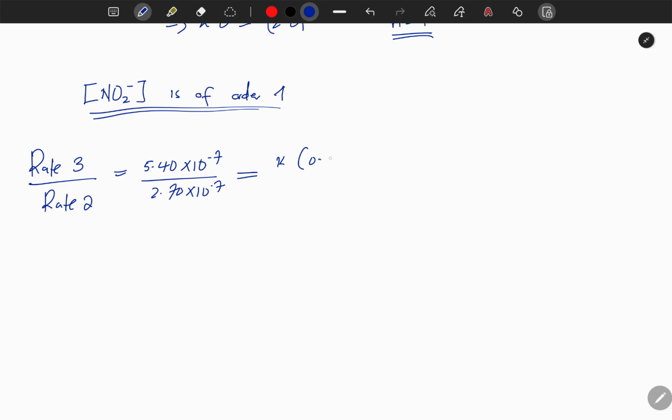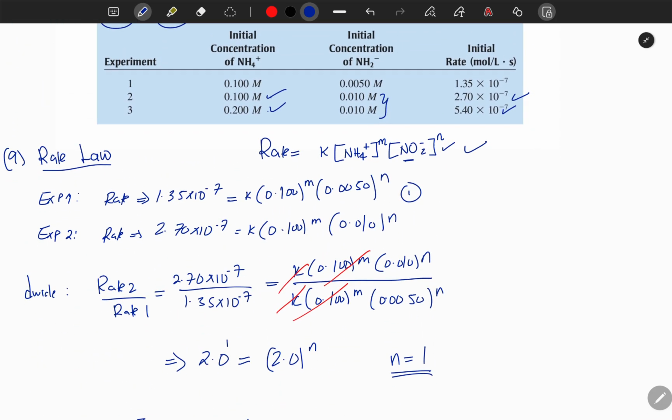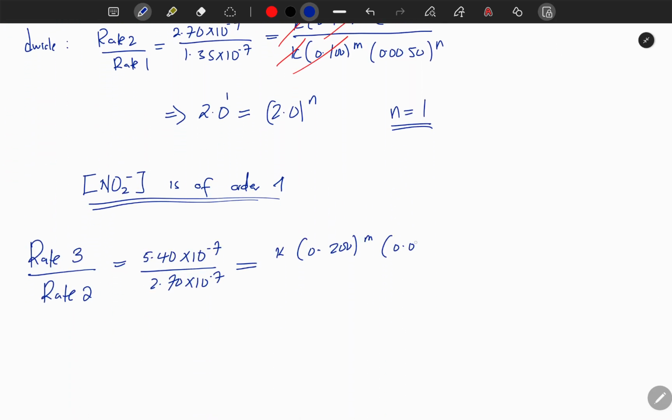I have 0.2 to the power m multiplied by 0.01, 0.01 to the power n over k 0.01 m, again 0.01 n.